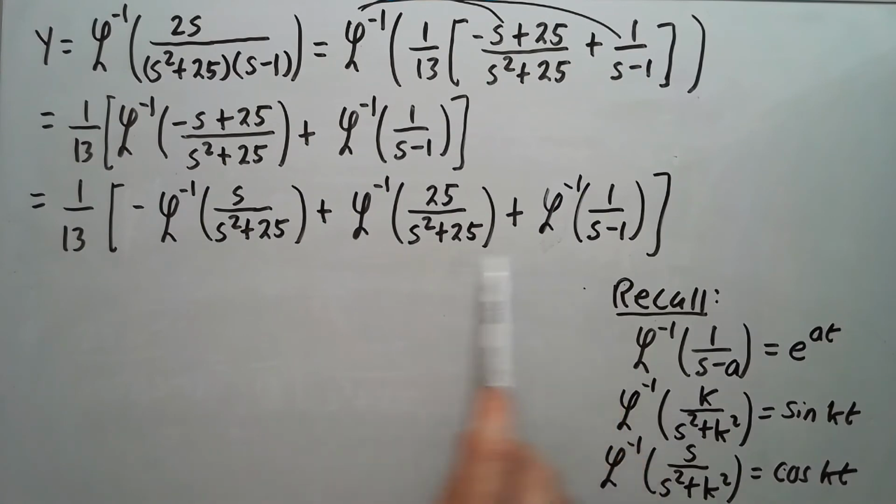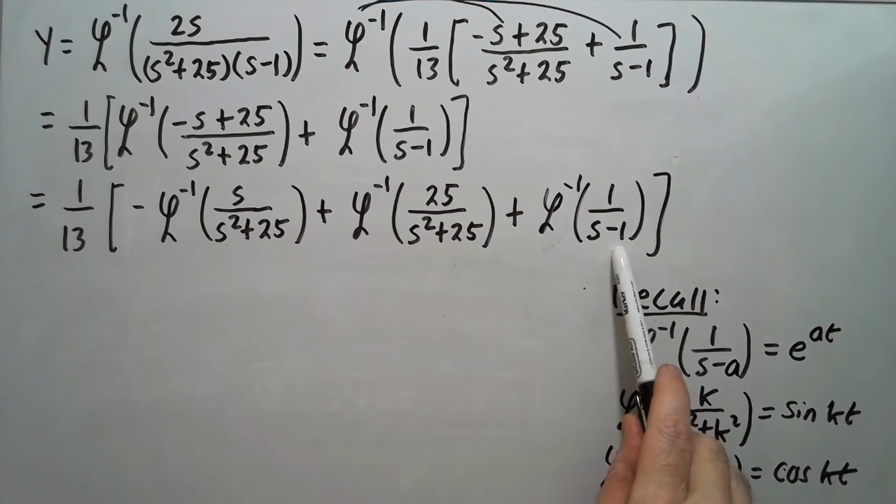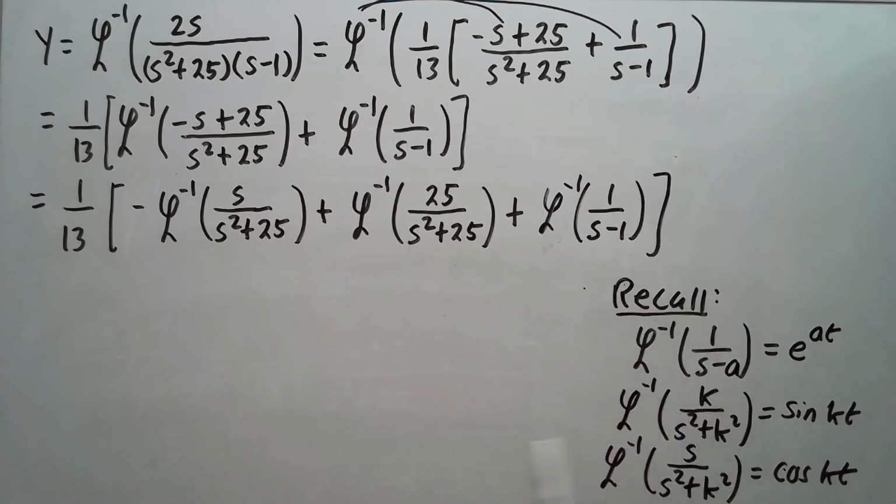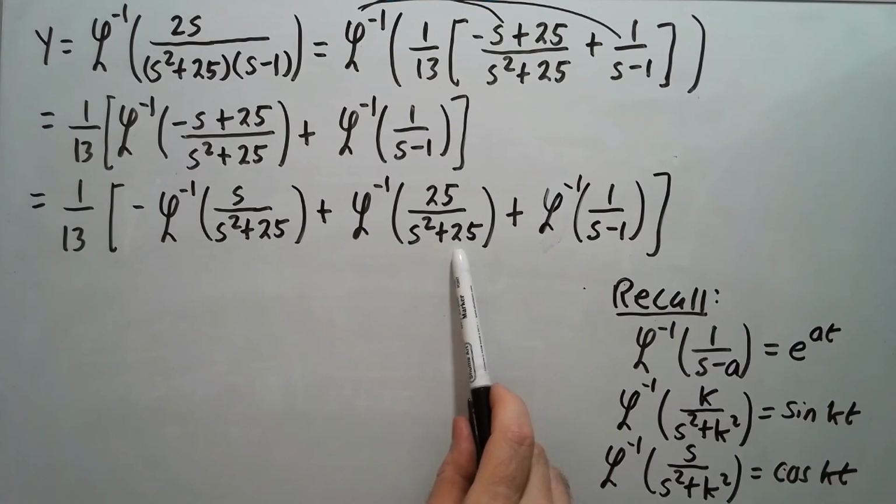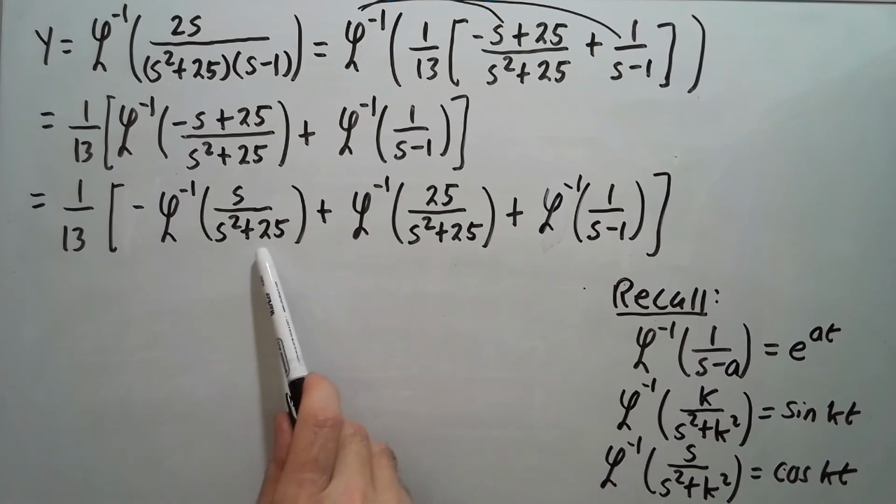So it looks like these up here. In particular, here it looks like the a is 1. And over here, this one looks like the sine one, but we need an s squared plus k squared. It looks like our k squared would be 25, so the k would be 5 here, and same over here. Let's note that.